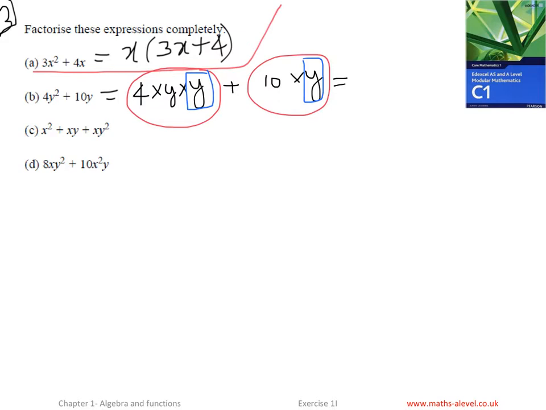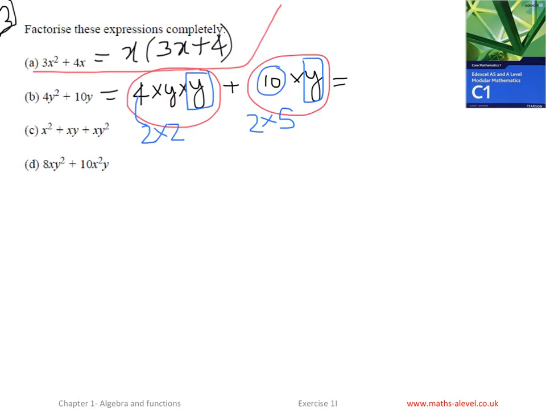Also, okay, I should have done it like this. I should have expanded this 4 into 2 into 2, and this 10 into 2 into 5. Therefore, this y as well as this y is a common factor between these two terms.